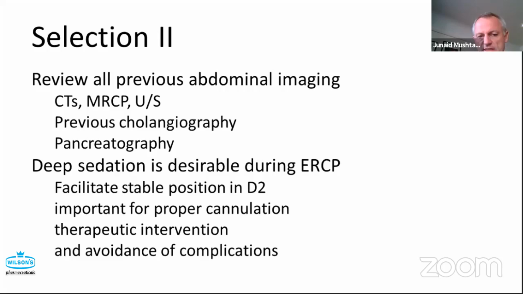In general, deep sedation is desirable during ERCP because it will help allow the endoscopist to get a stable position in D2. That will therefore, in the short position, help to allow proper cannulation and therapeutic intervention, and ultimately to reduce the frequency of adverse events.